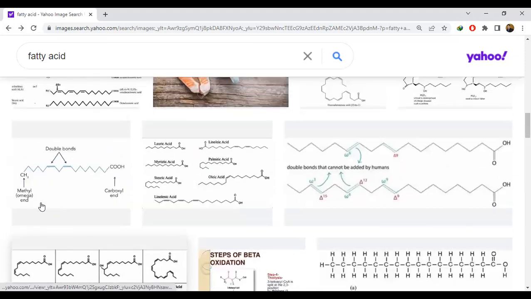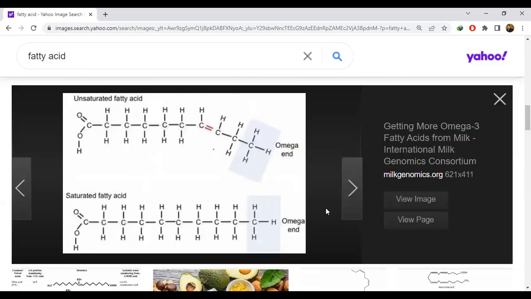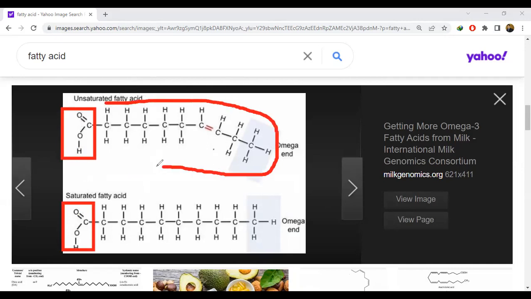In this molecule, this is the carboxyl group. Then the rest is the hydrocarbon chain. Correct?